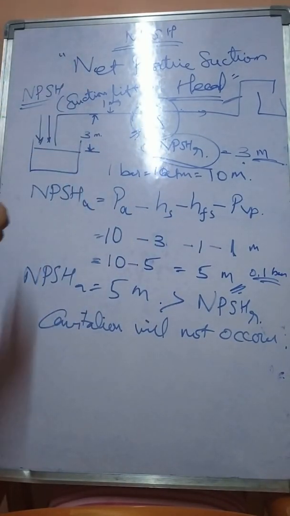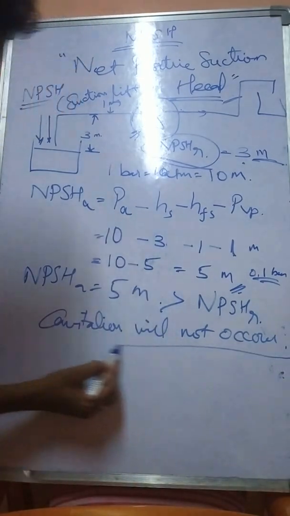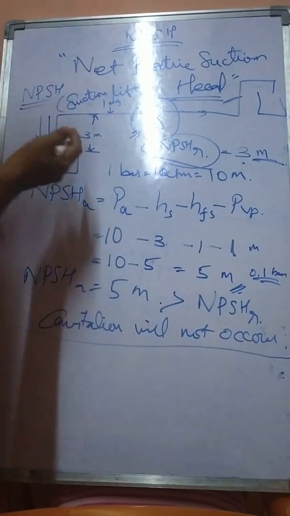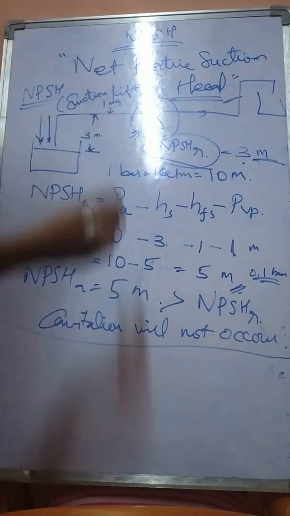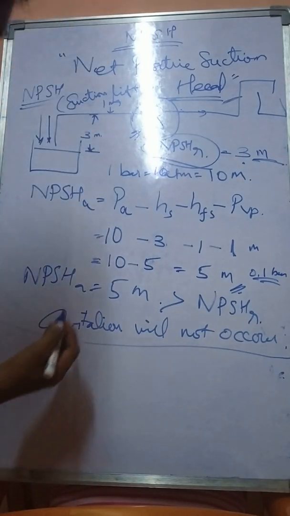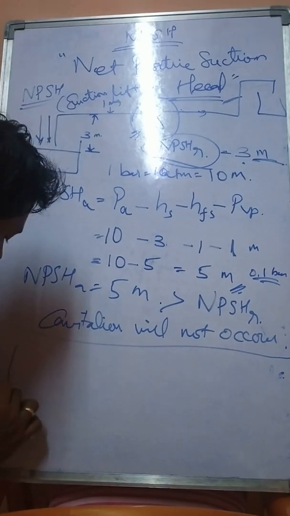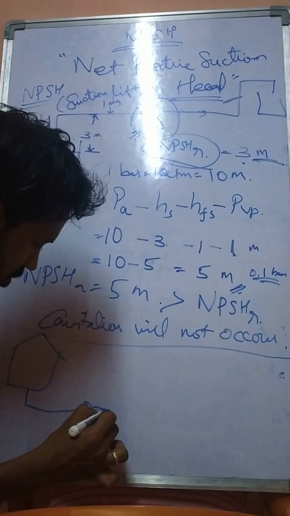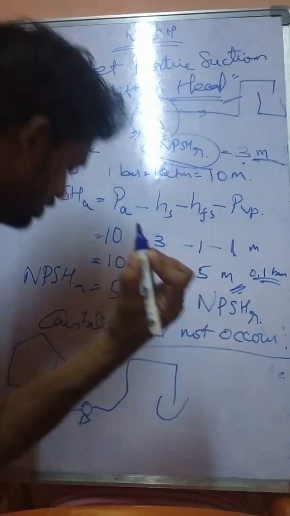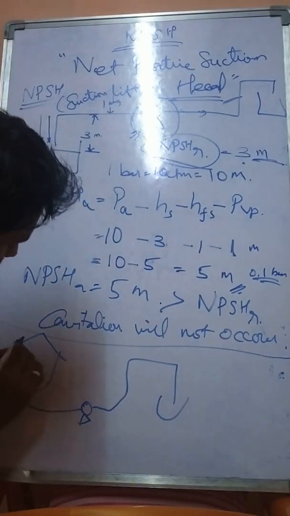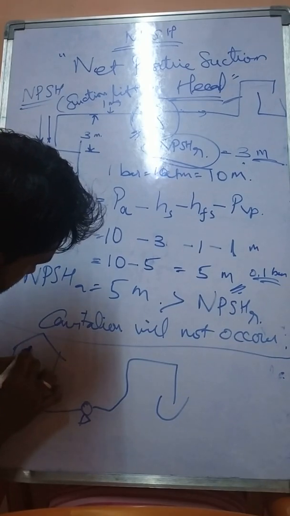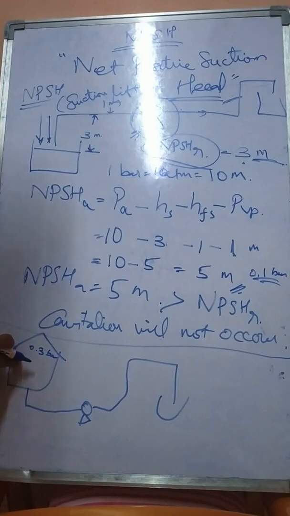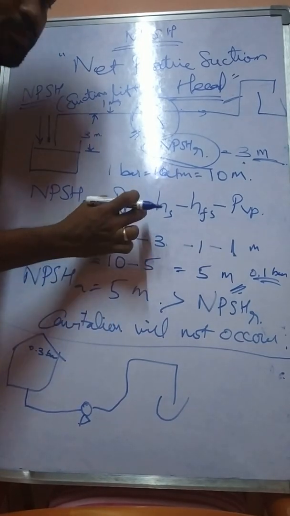We are taking the same case but calculating with different values. You take the case as a closed tank, if it is a closed tank at higher level. Here the pressure may be around, you calculate as 0.3 bar, that is maintained. You should always take the pressure as absolute pressure.